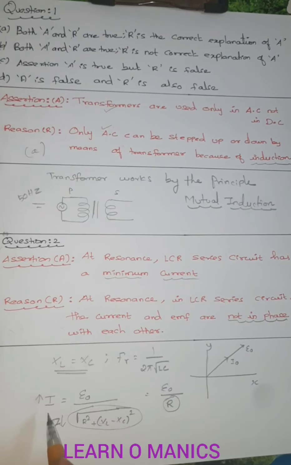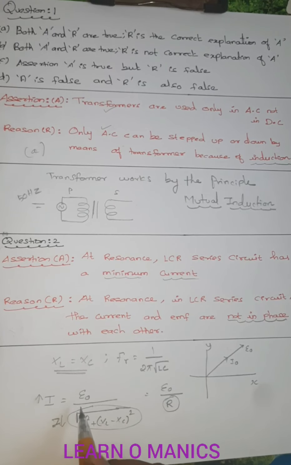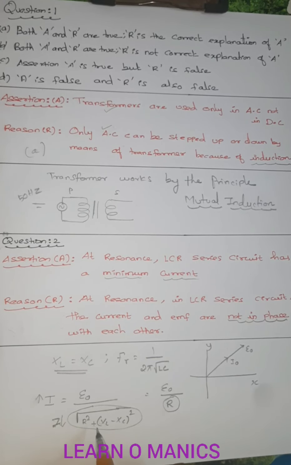These two sentences deal with the current, right? Let's go for the current equation: I is equal to E naught divided by the root of R square plus (XL minus XC) the whole square, right? Here, when XL is equal to XC at the resonating frequency, this term will vanish, it will become 0, and that means the inductor's effect is cancelled out by the capacitor's effect. So the total impedance is reduced, because the inductor's effect and capacitor's effect vanish.